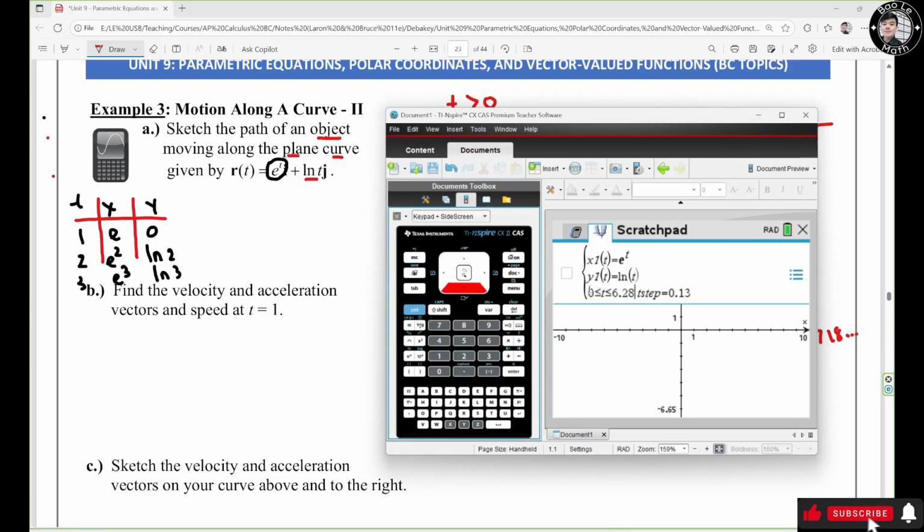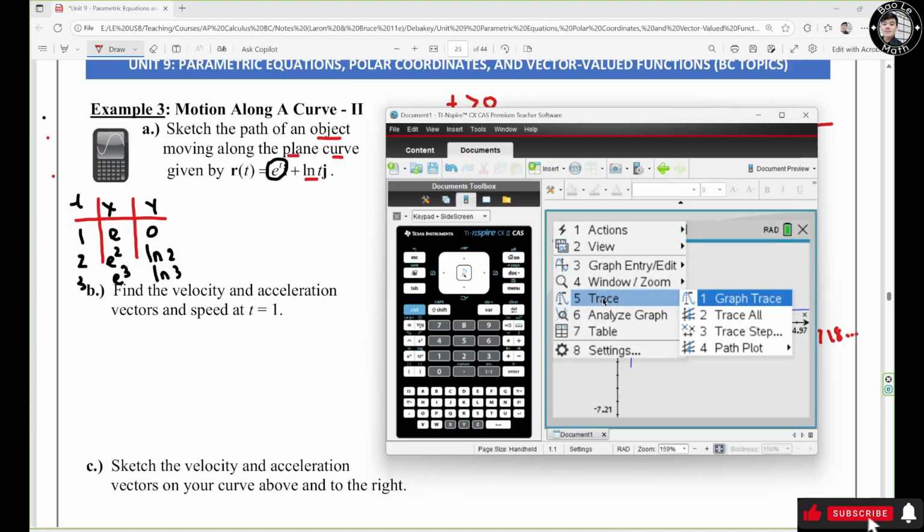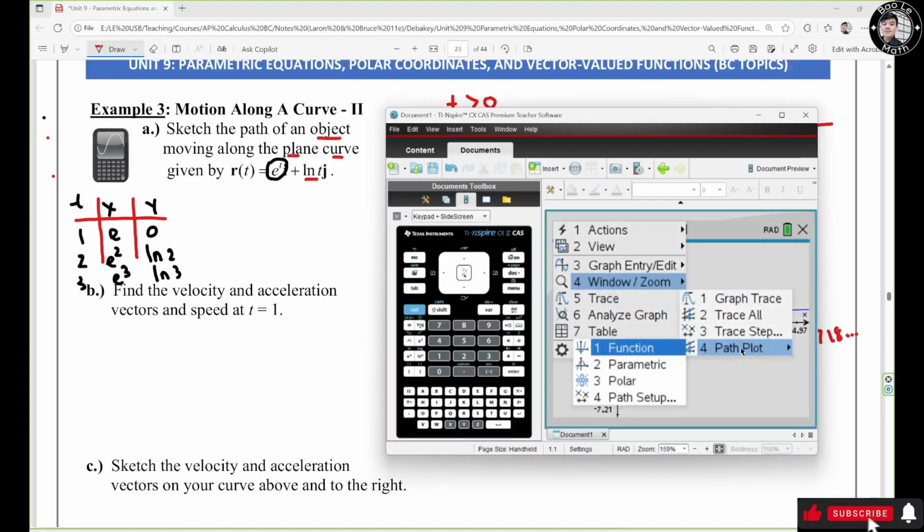I remember t should be greater than 0, so I'm going to press Control and equal sign right here. It should be this guy. And then I just extend this number to number 10. Alright, so I press enter. It's going to be something like this. Now if you want to know the orientation of this part of the object, you're going to press menu number 5 trace, number 4 path plot, and number 2 parametric.